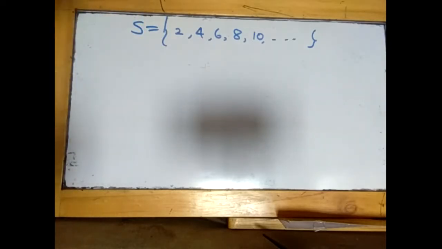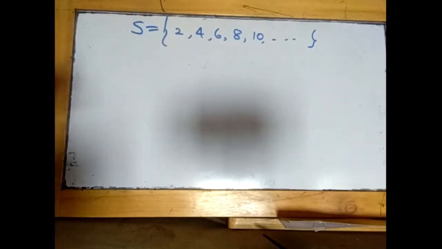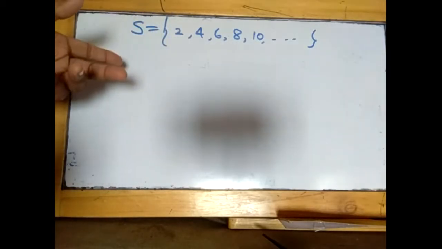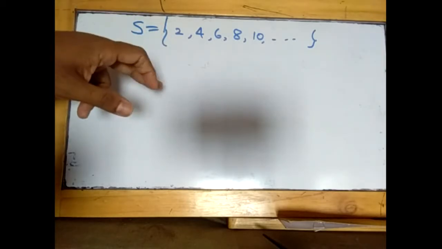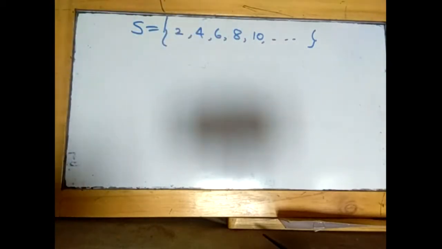But what happened here, there does not exist a number such that when you multiply that number with any of these numbers, it should give the same number.